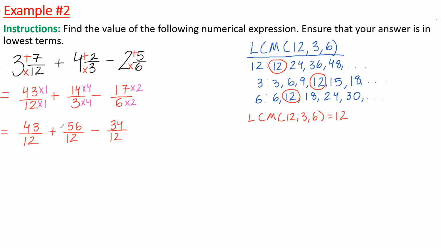All right, so we have 43 over 12 plus 56 over 12 minus 34 over 12. What we're gonna do now is we're going to add these two fractions.